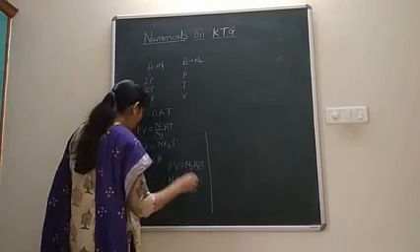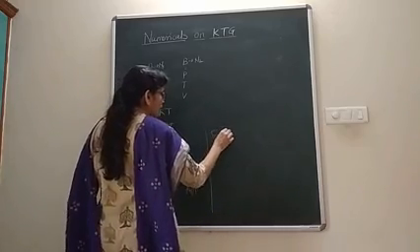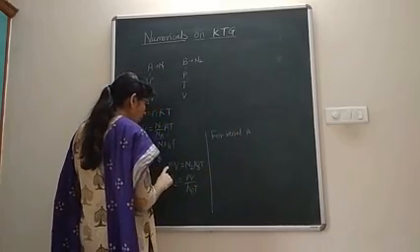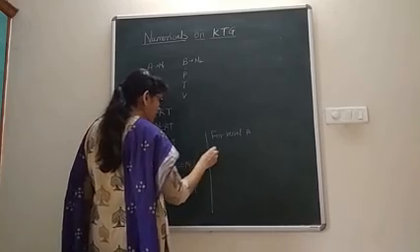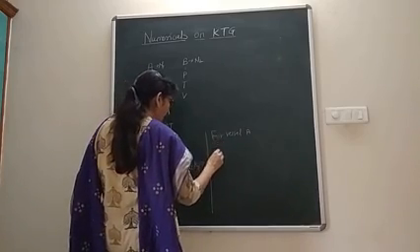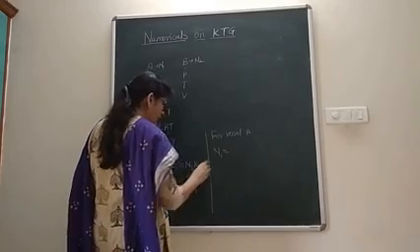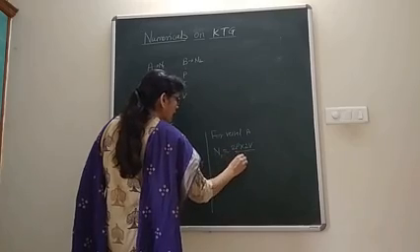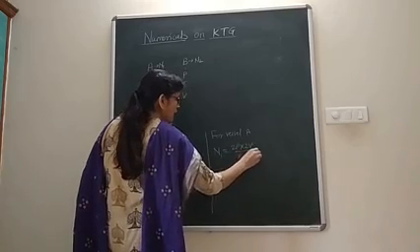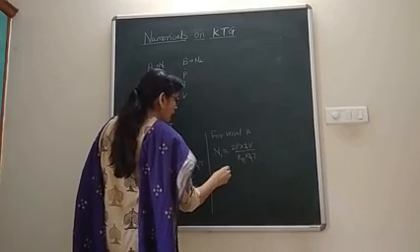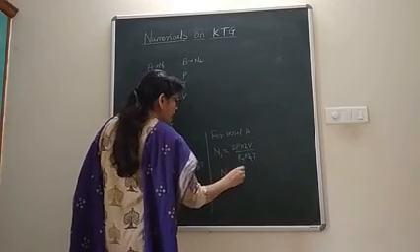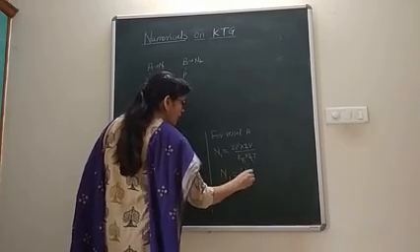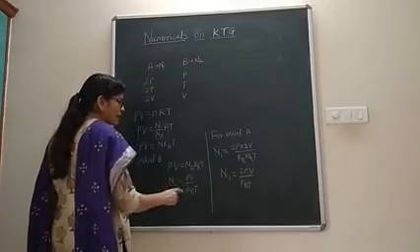Now for vessel A, pressure, volume and temperature are all twice. So N1 is equal to 2P into 2V upon Kb into 2T. The 2s cancel and we get N1 is equal to 2PV upon KbT.